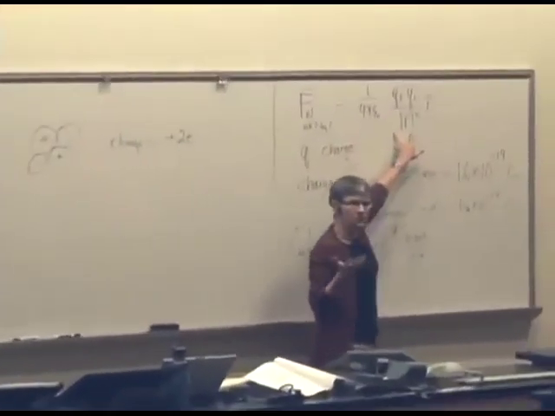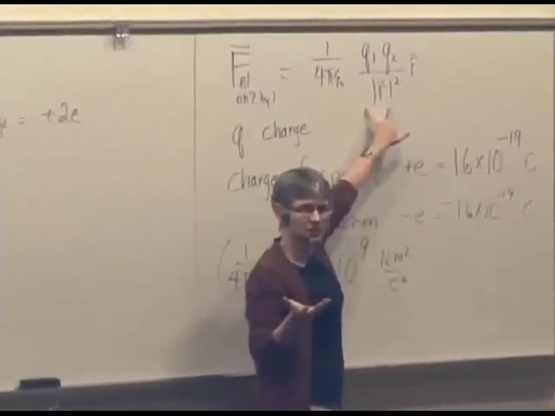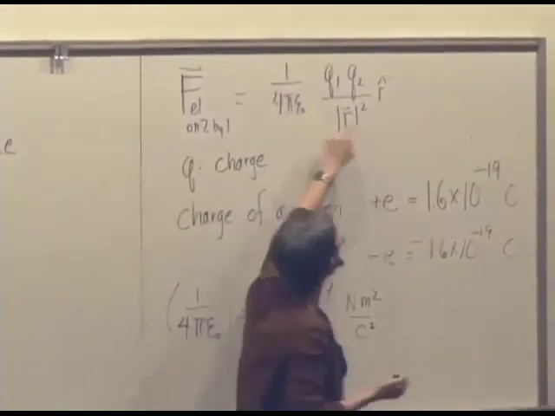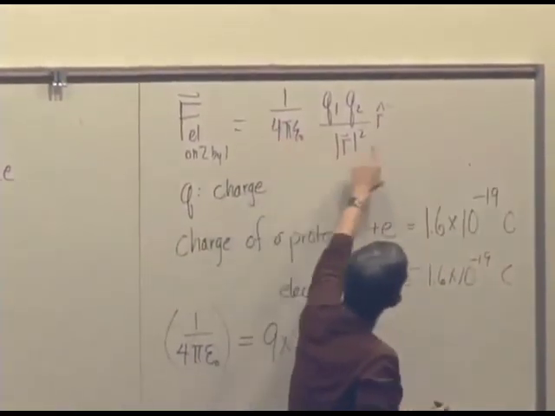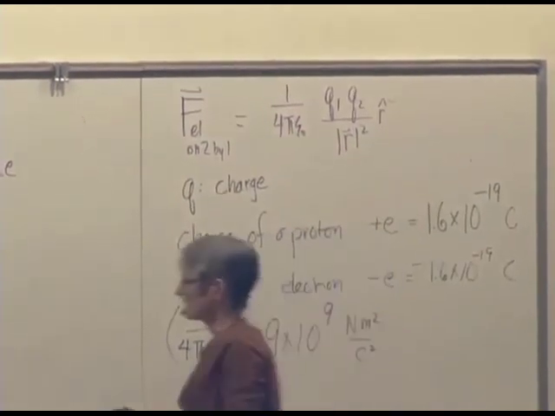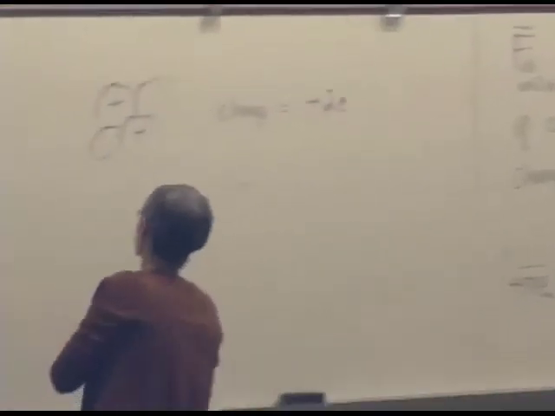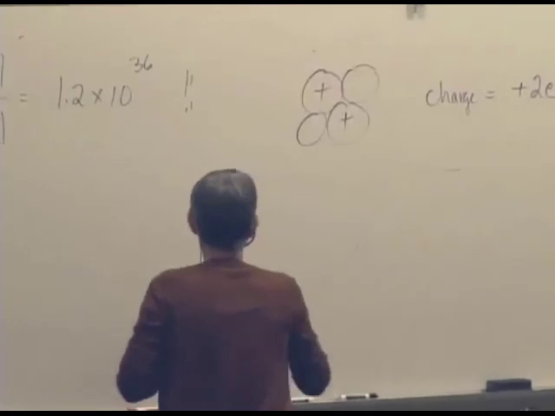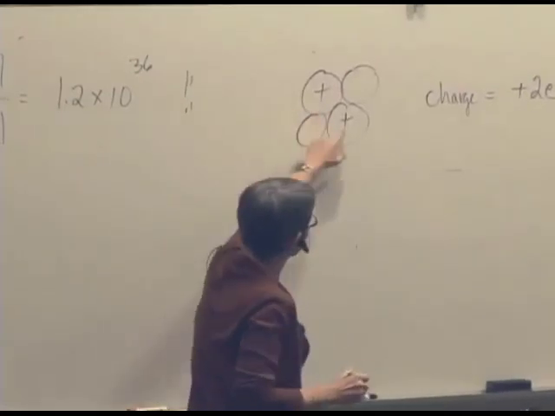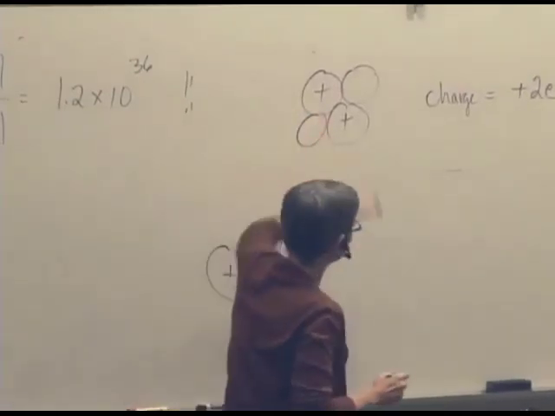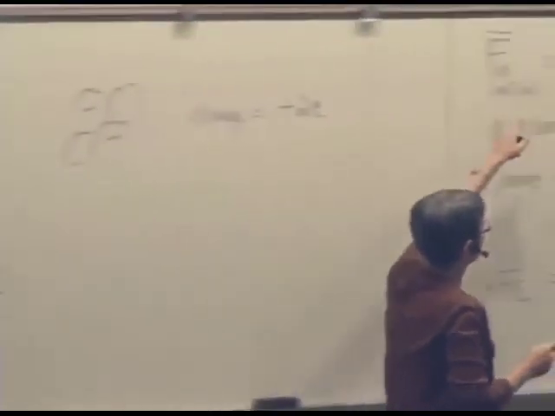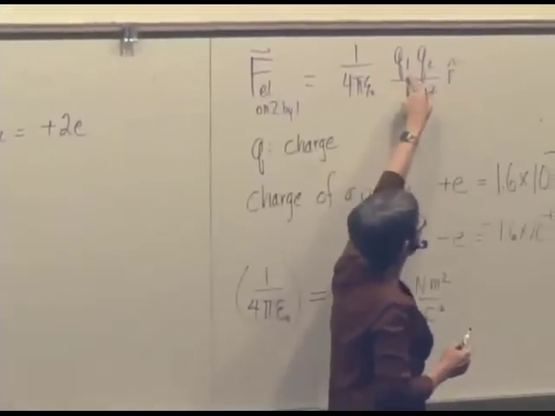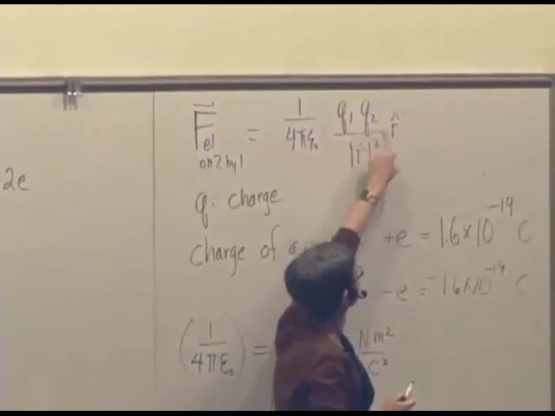We can tell from the form of the equation that you're right, because the only thing that's different when we're calculating the force on the proton due to the alpha particle, or the force on the alpha particle due to the proton, is that we've got the charge of the alpha particle and the charge of the proton.